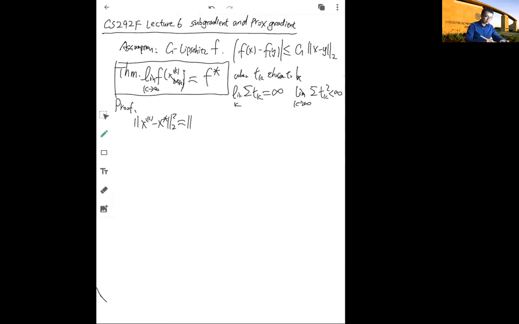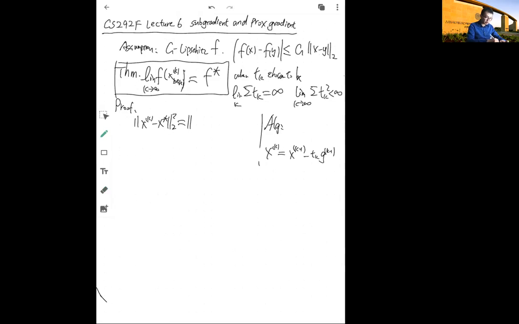Notice that the algorithm is x_k equals x_{k-1} minus t_k times the subgradient g_{k-1}. Okay, so that's our algorithm.